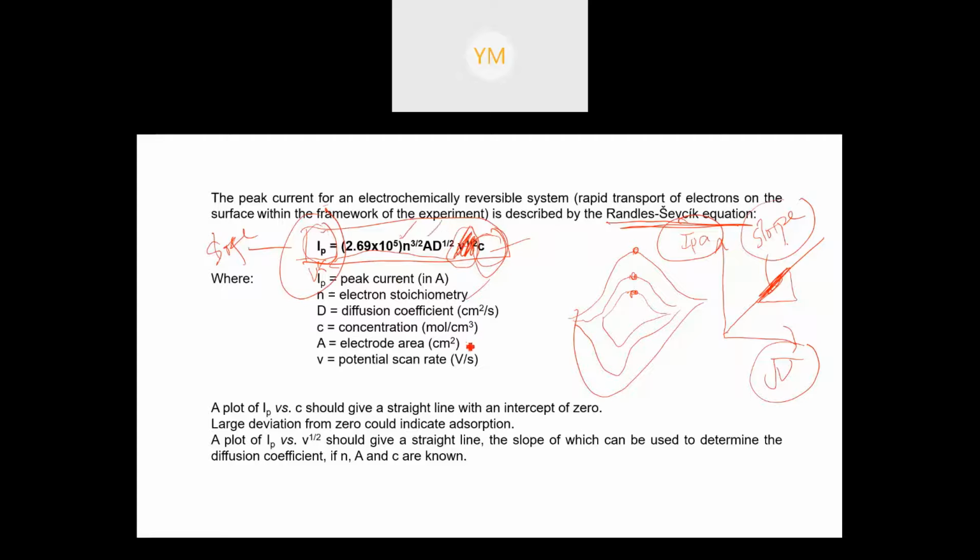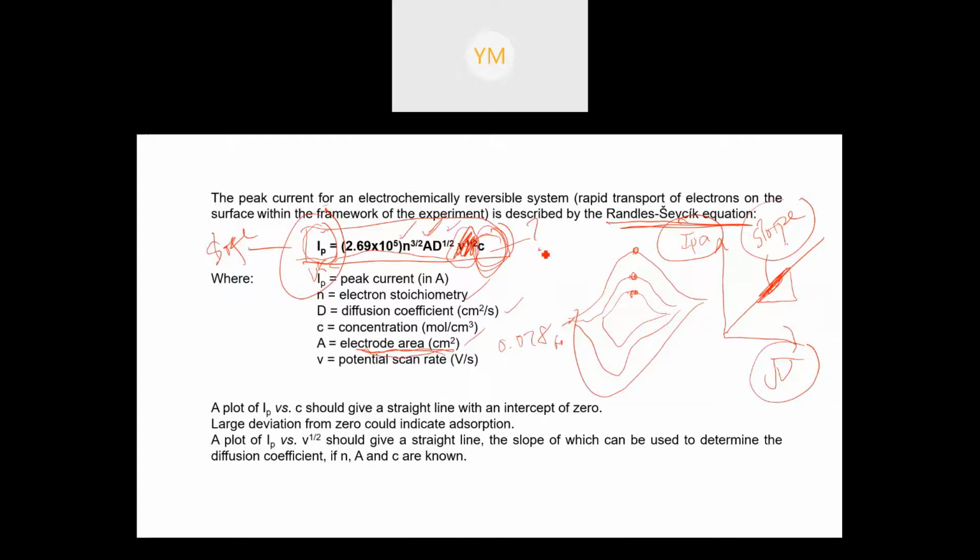A is the electrode area. The electrode area is given in the lab assignment; I have given the size of the gold electrode, about 0.078 cm squared. So you know A, the size of the gold electrode as working electrode. D is the diffusion coefficient of the ferrocyanide ion, which is also given, I think. So what is still missing is C.